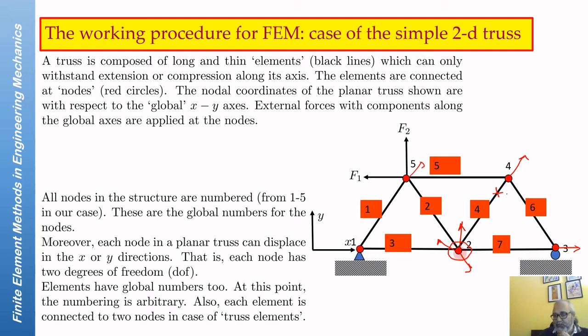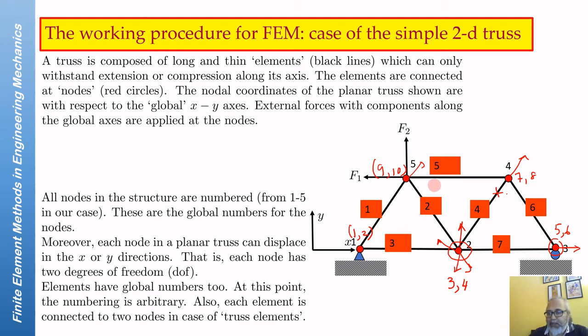So the global degrees of freedom would be 3 and 4 for node number 2. It will be 5 and 6 for node number 3. It will be 7 and 8 for node number 4, and it will be 9 and 10 for node number 5. So because everybody has 2 degrees of freedom per node, the degree of freedom numbers will be 1, 2, 3, 4, 5, 6, 7, 8, and 9, 10 for the global node numbers.